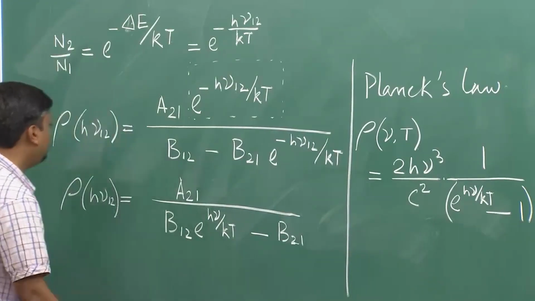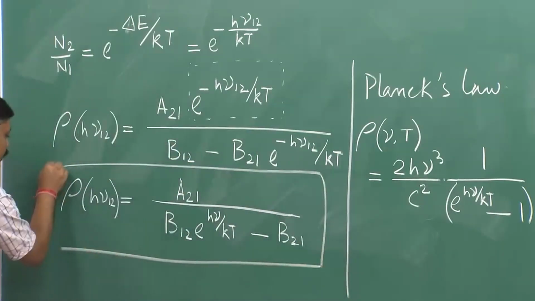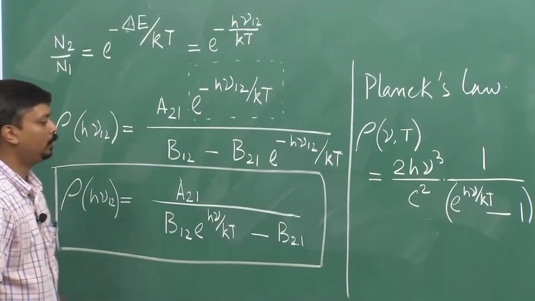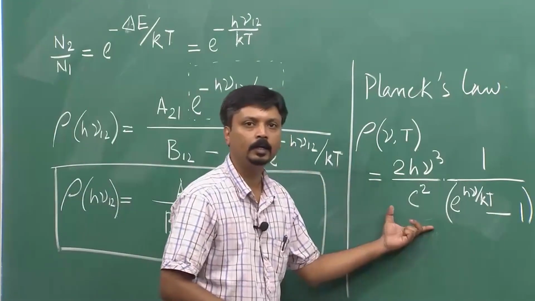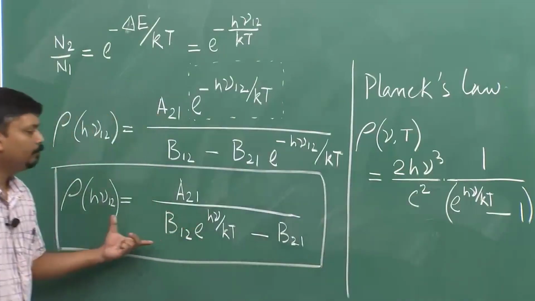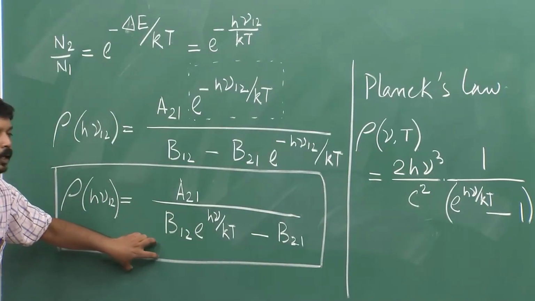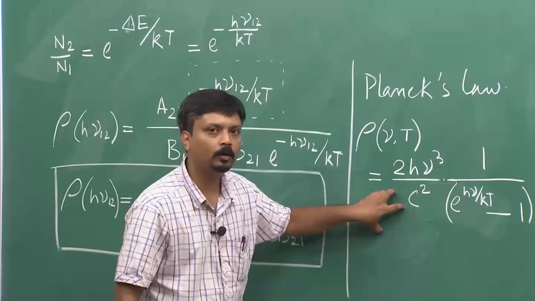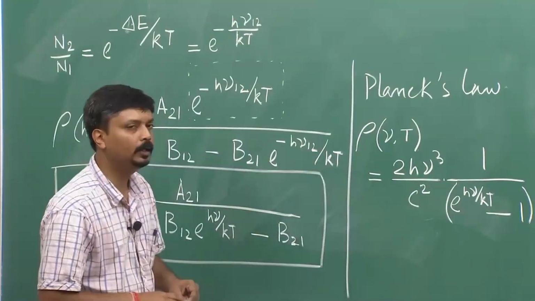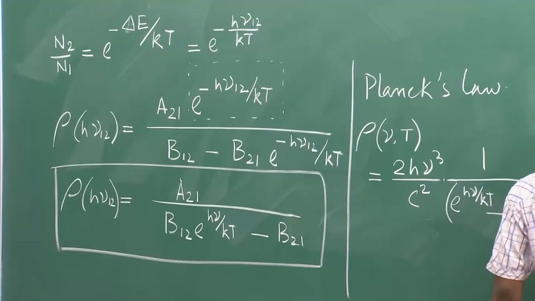So, this was Planck's law. Now, if I want to compare what Einstein derived and what Planck had derived, then we can see that they are very similar, and actually this particular equation boiled down to Planck's law under certain conditions. So, what are the conditions? Let us look at that. So, let me wipe this part.